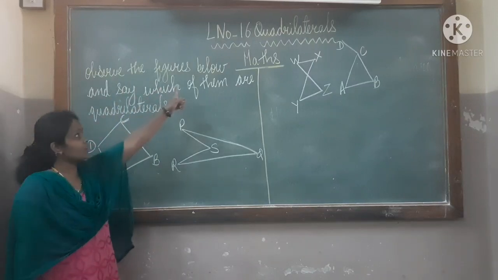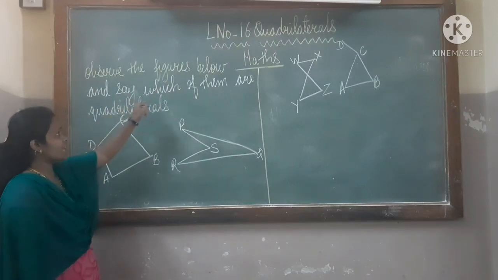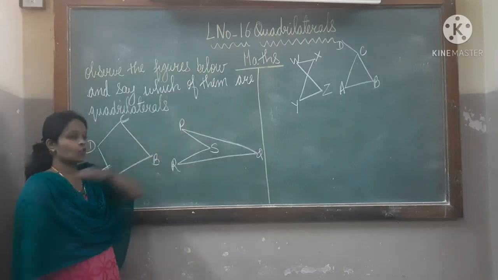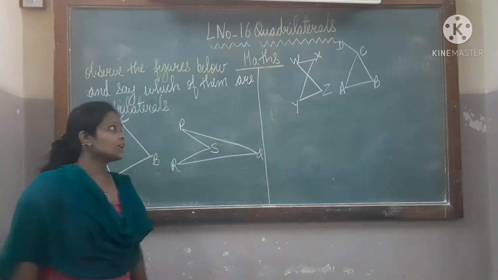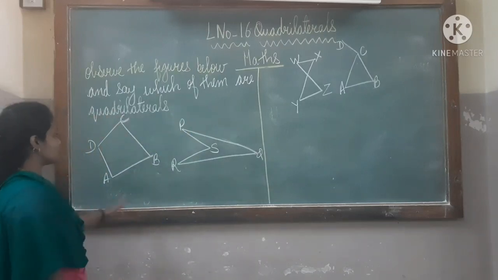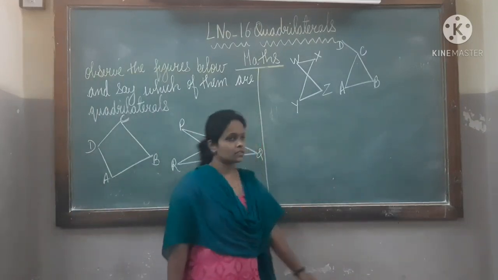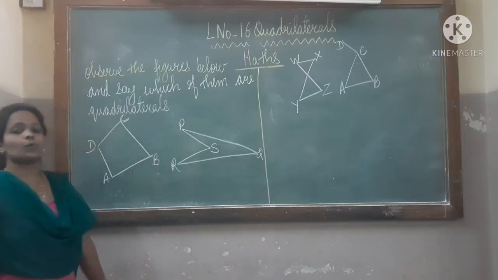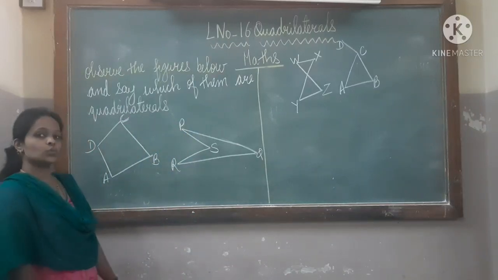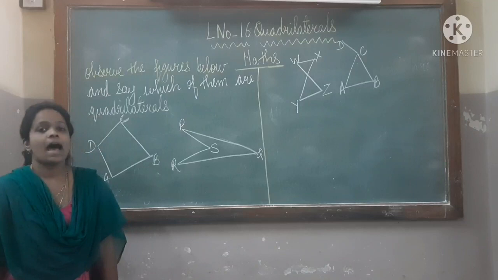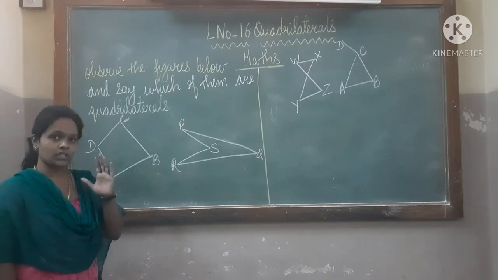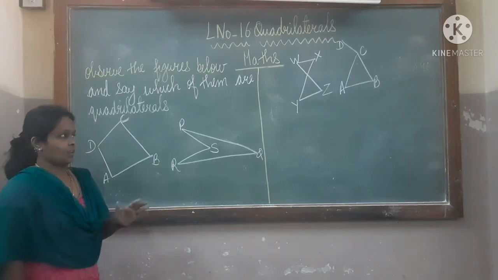See what the question is. Observe the figure below and say which of them are quadrilaterals. Now in front of you, you can see the 4 figures are shown. Correct? In this, you are supposed to identify which one is a quadrilateral. I have already explained what a quadrilateral is.